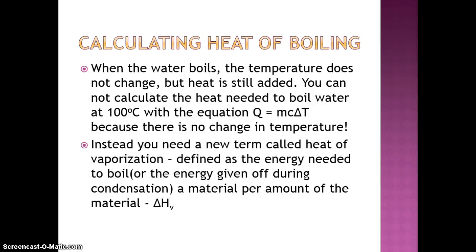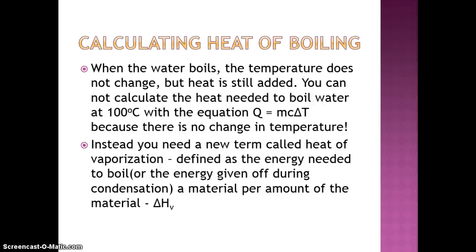So I need a new equation, or I need some new terms to help me solve that. And one of those new terms that you're going to need is called the heat of vaporization. So take some notes if you're not already doing so, and you can pause the video. The heat of vaporization is defined as the energy needed to vaporize, which we also call boil. It's given in joules per gram or joules per mole.